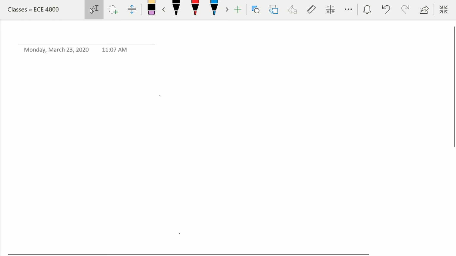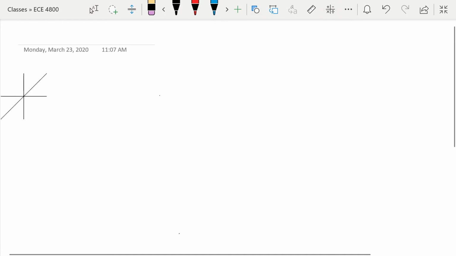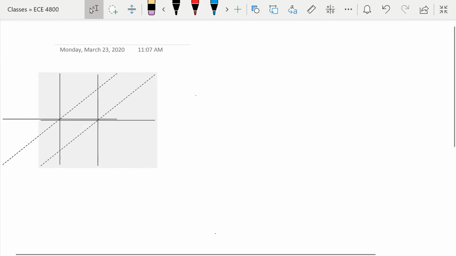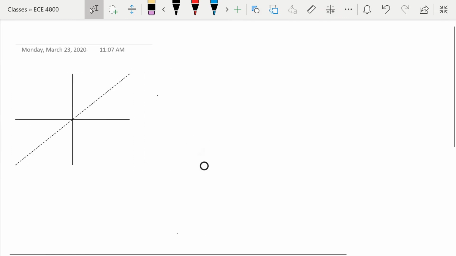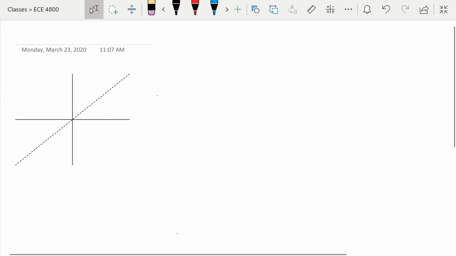Okay, so step one, even before we start the problem, I think it's always helpful to draw the problem. So let's draw this. We're in a three-dimensional space. P1 is negative 2, 0, 0, so let's start with P1.